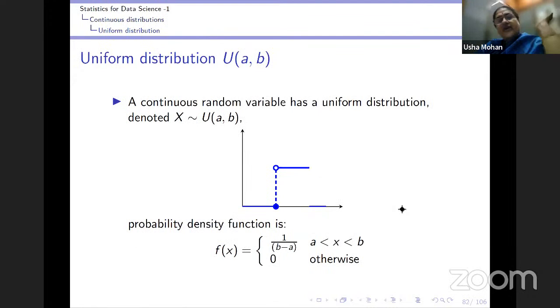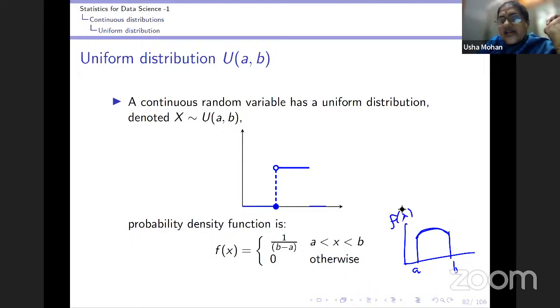What does that mean? I have some sort of a curve. Let me take any 2 points A to B. I know that this is the function f of x, and the area under the curve from A to B is 1. Is that clear?